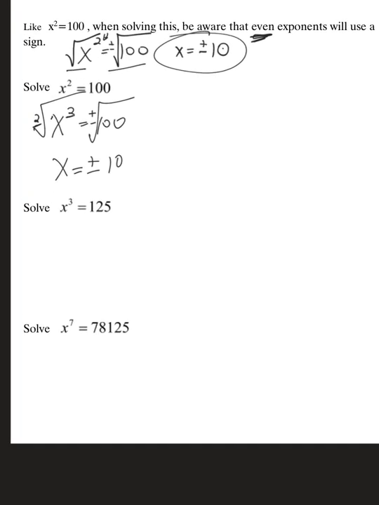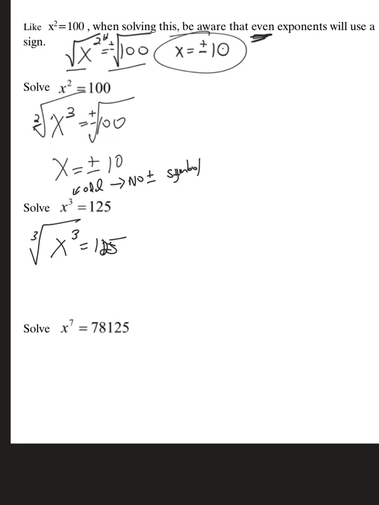But what happens if there's a 3 in the exponential spot? I can tell you this is an odd number, so no plus-minus sign. This time, if I want to get x alone, I'm not going to take the square root of both sides.